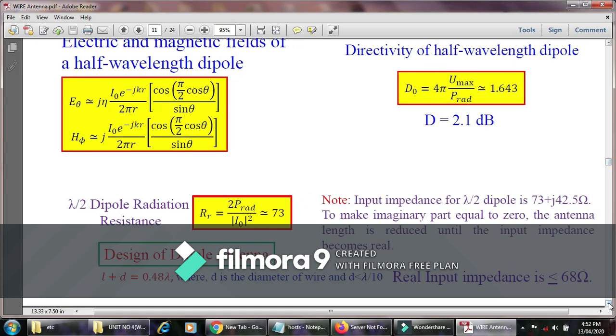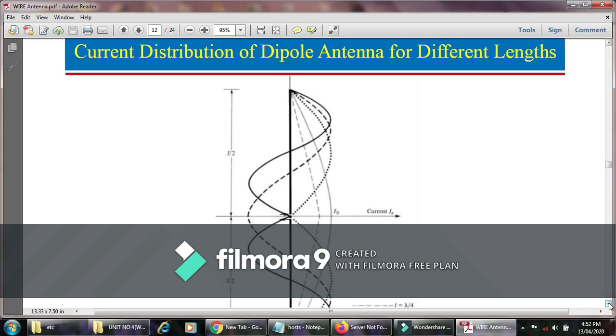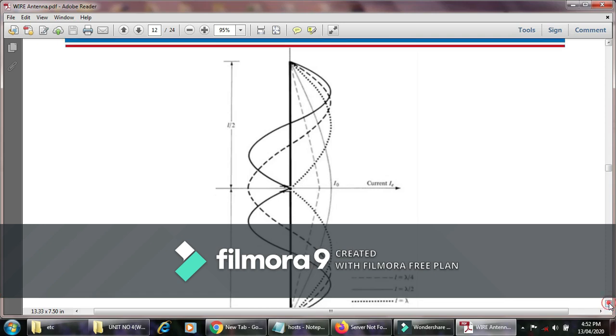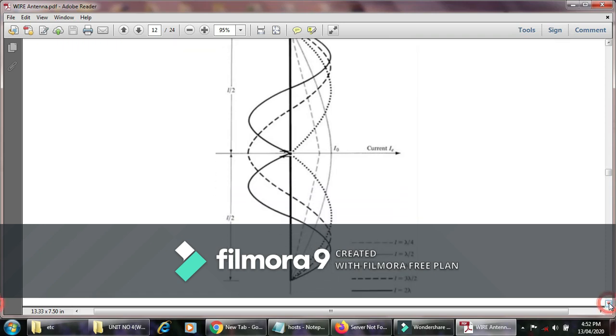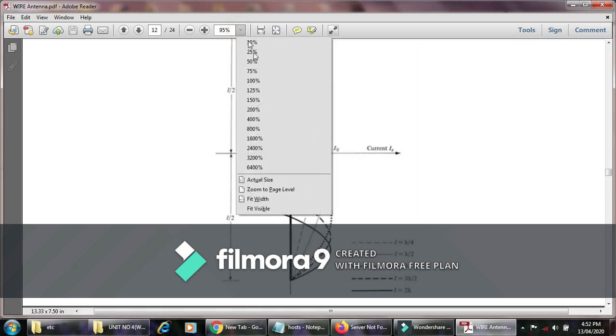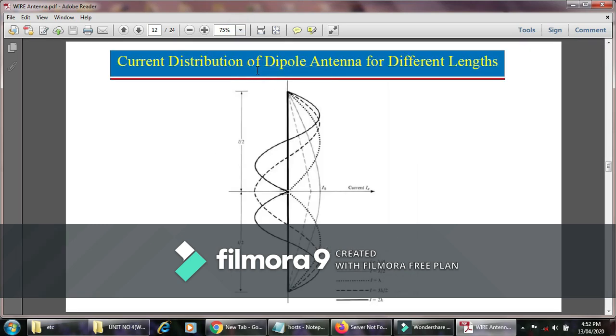Then after that we have seen the different cases of how much current is able to flow through the antenna. The different current distributions of the dipole antenna for different lengths are given, and it totally depends upon the length of the antenna. When the length of the antenna varies from lambda by 4 towards 2 lambda, lambda by 4 plus lambda by 4 means 2 lambda by 4, which is lambda by 2.